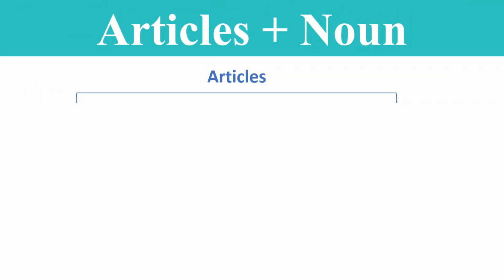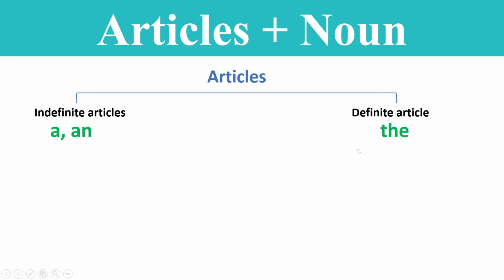Actually, there are two types of articles in English. Indefinite articles, and the next type, definite article. So what are indefinite articles? A, an. These two are indefinite articles in English, but the is known as the definite article in English. What is the difference between indefinite articles and the definite article?